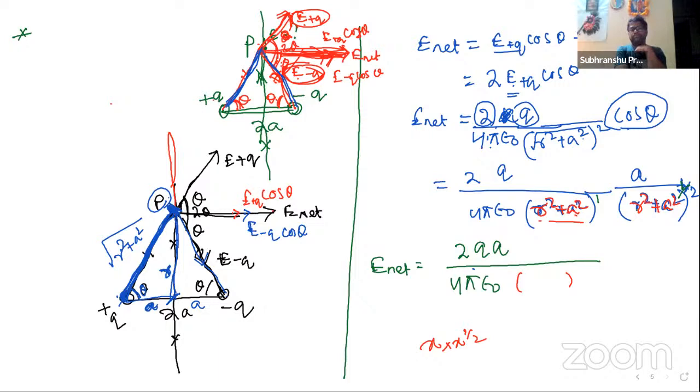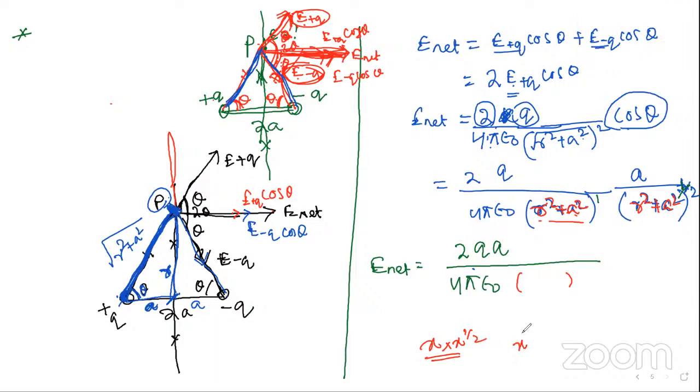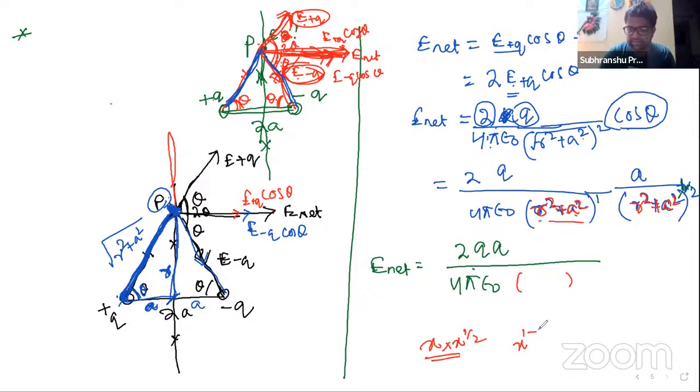What will be x into x half? If the base is same, what will happen to the power? You add the powers. 1 plus half. It is x to the power 3 by 2, right?